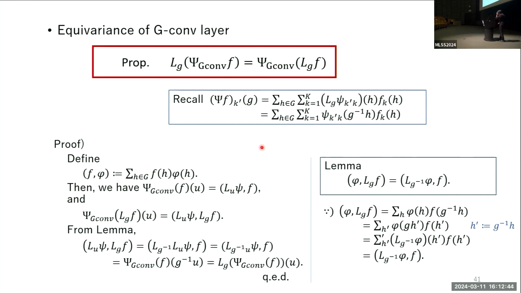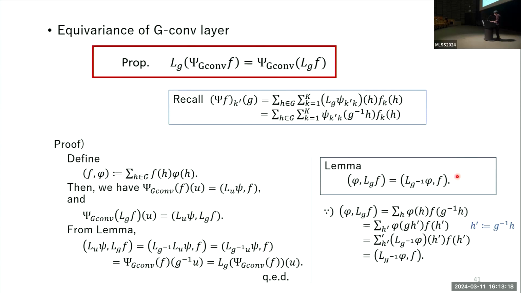I skip the mathematical proof here, but using this expression of the inner product with the shifted filter and the input signal, we can easily see that this equivariance relation mathematically holds in general.